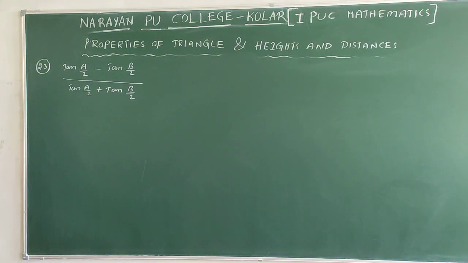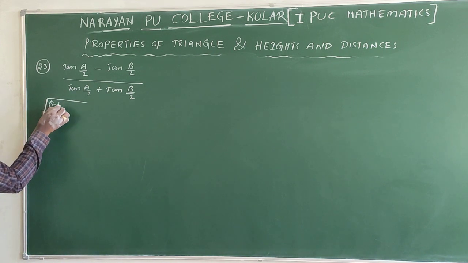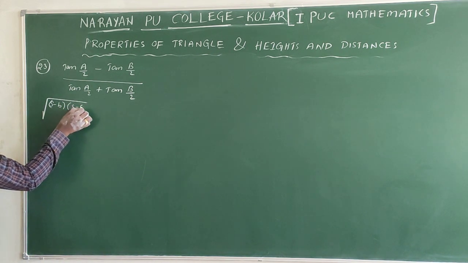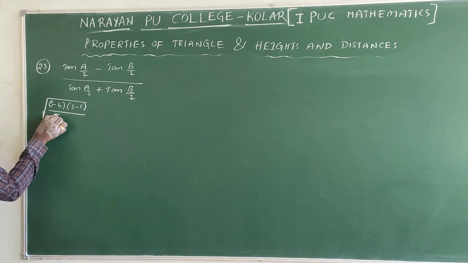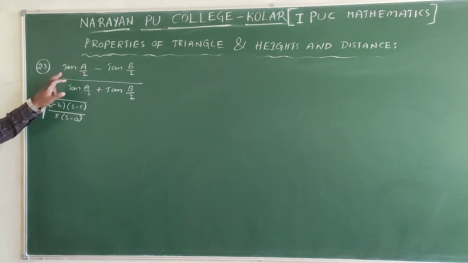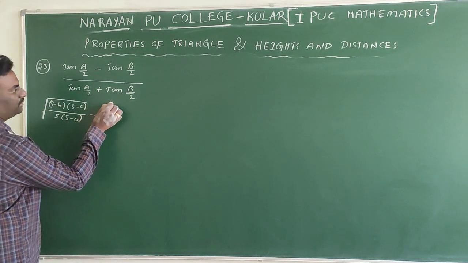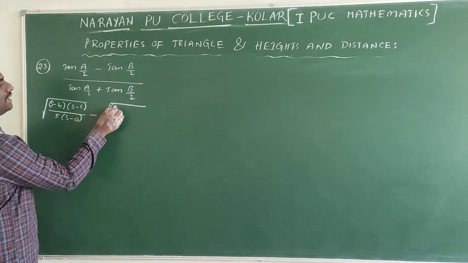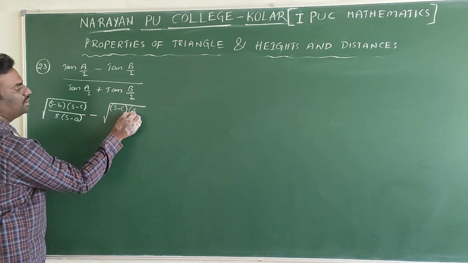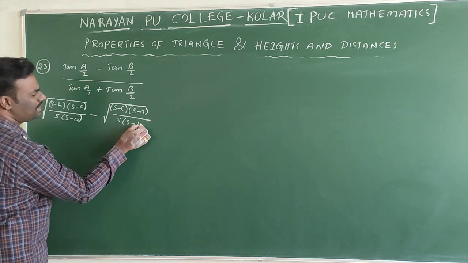Now what is the formula for tan A/2? Under root of (S minus B)(S minus C) by S(S minus A). This is the formula for tan A/2. For tan B/2, I can write (S minus C)(S minus A) by S(S minus B).